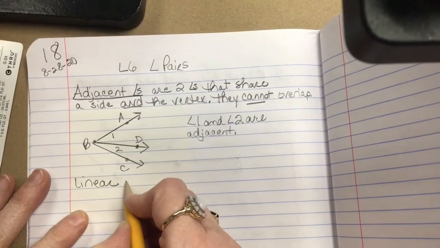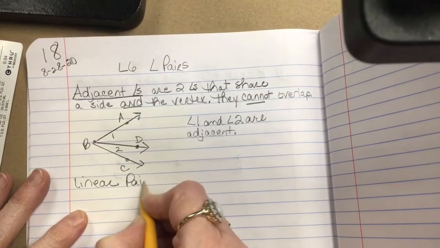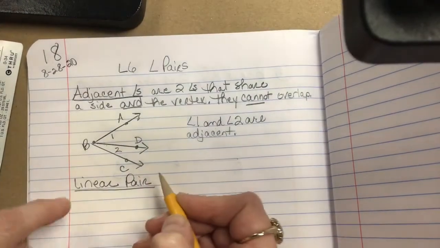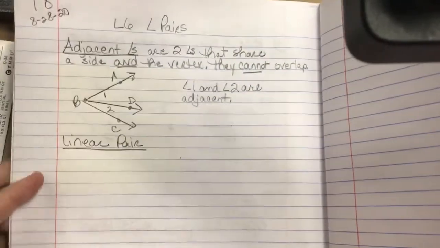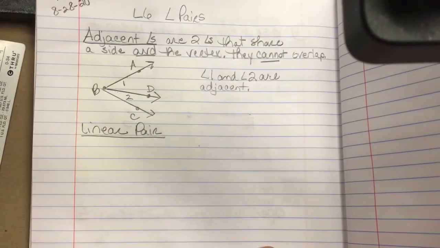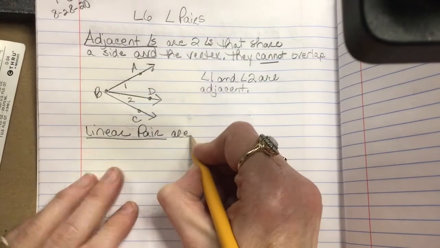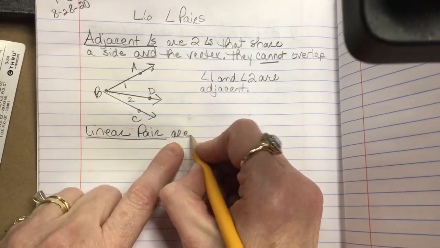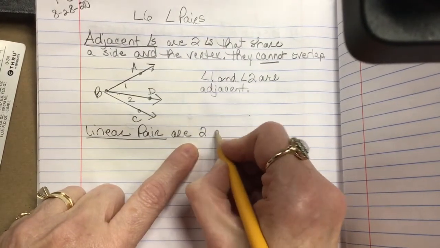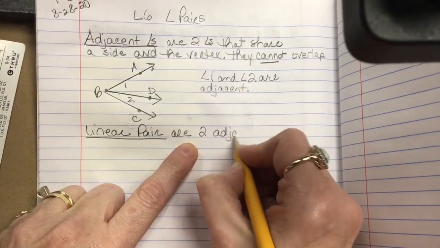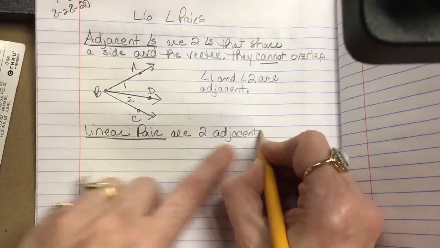It's easy, but people get this one and the next one not necessarily confused, but we'll talk about them. Now, to be a linear pair, they have to be adjacent. Two adjacent angles.